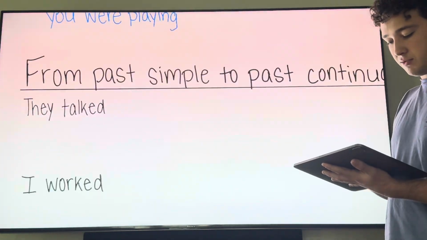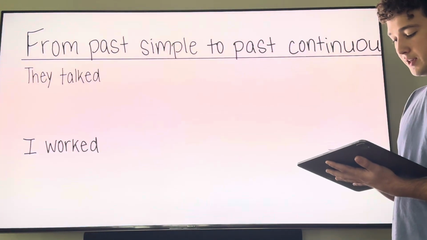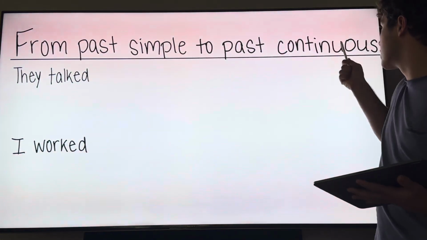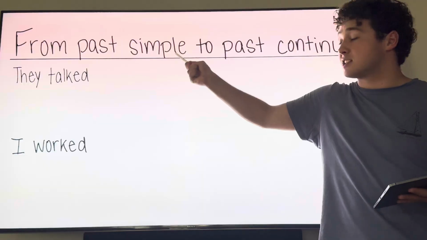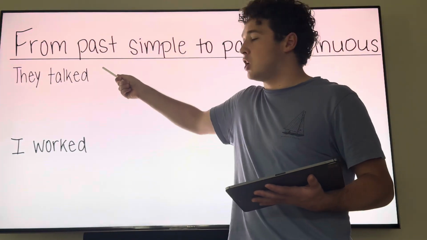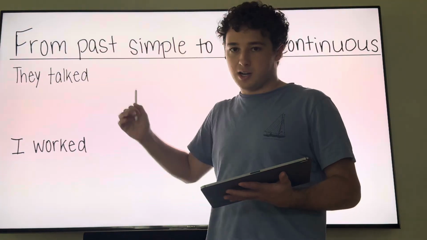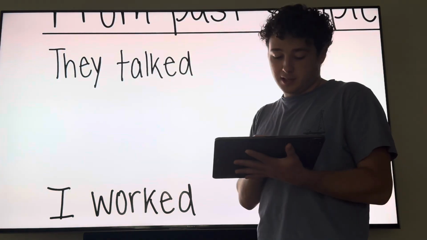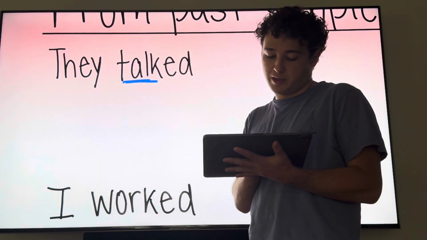So let's continue down here. Now, this lesson goes from past simple to past continuous. So the first one here, they talked. Now, the infinitive here is to talk. That's the verb there.